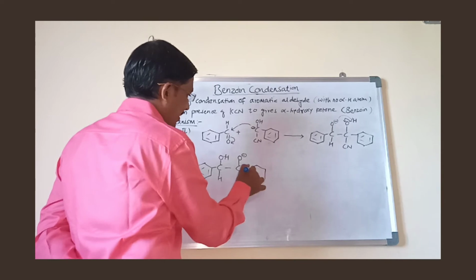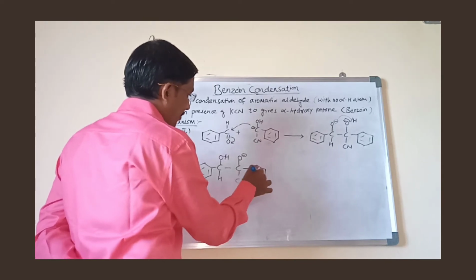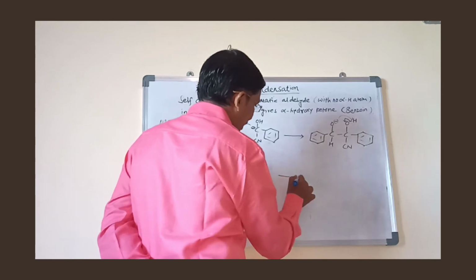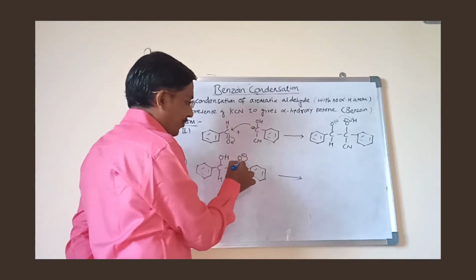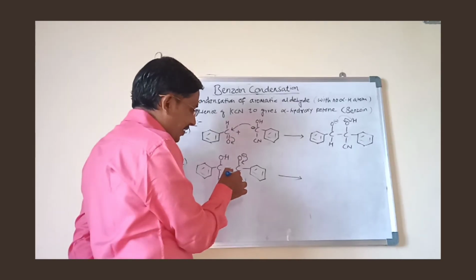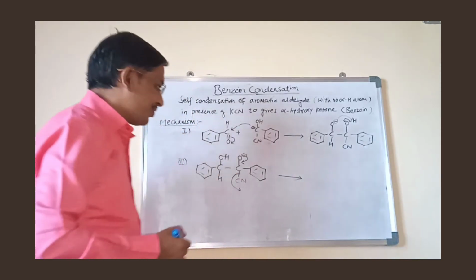Now this negative charge forms a double bond here, and the CN is a good leaving group that leaves this position.